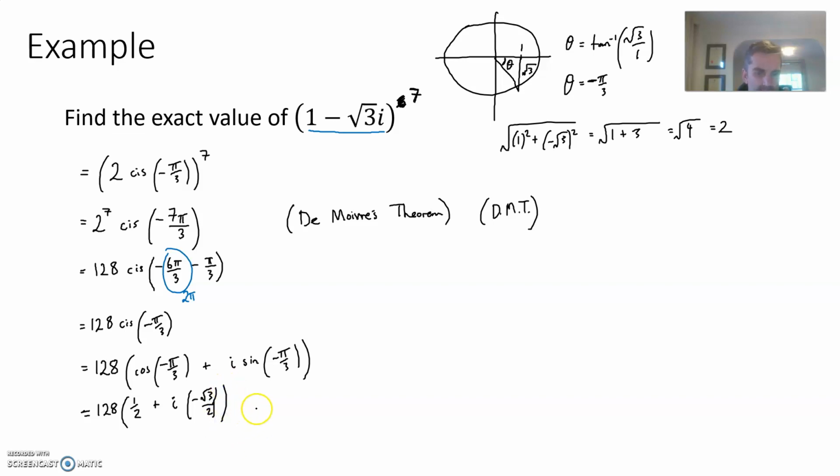So if we expand all of that out, 128, if we halve it, is 64. Don't want a positive there. It's actually going to be a negative. So it's going to be 64 take 64 root 3 i. So that would be in exact form.